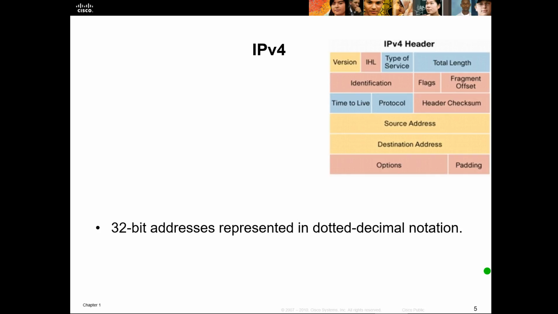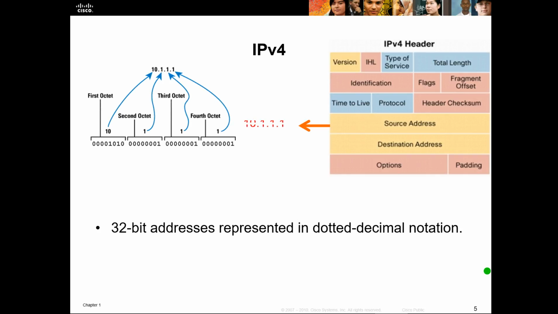It has a version, type of service, length, identification, flags, time to live, the protocol, the source and destination address, padding, checksum, and so forth. So there's a lot of information here. A big thing with IPv4 is it is 32-bit and is represented in 4 groups of 8 binary bits, and it looks like this.